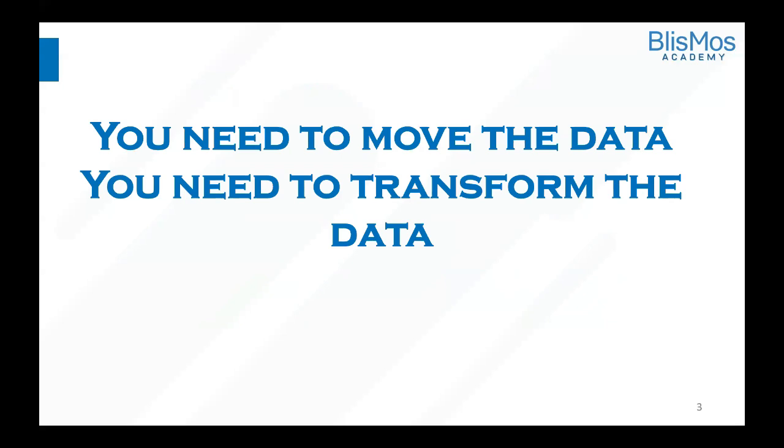And as Parveen was saying, we need to do something with the data. I think I remember even Vinith saying we have to refine the data. So we need to move the data from OneLake to some other places, or you also need to transform the data which is there in the OneLake. You have to move the data, you have to transform the data.